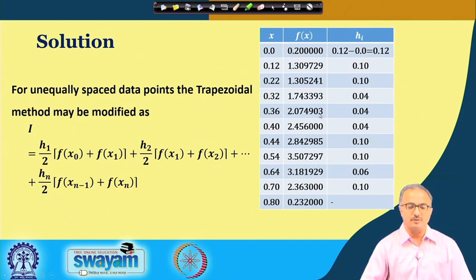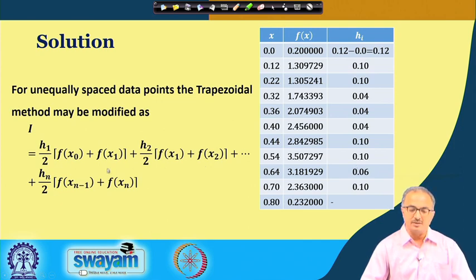So, here for the unequally spaced data points, we have the trapezoidal rule. It is written like this, and now you see that we are not able to club each of these subdomains together. So, that is why for each subdomain we are making this kind of area under the curve. It is between x0, x1, this is between x1, x2, and so on and so forth.